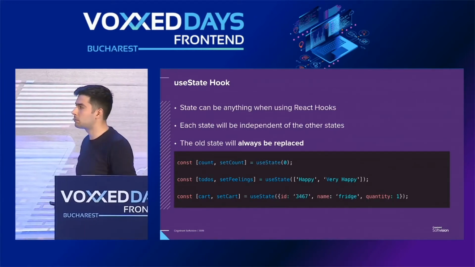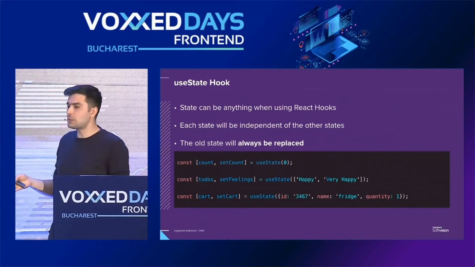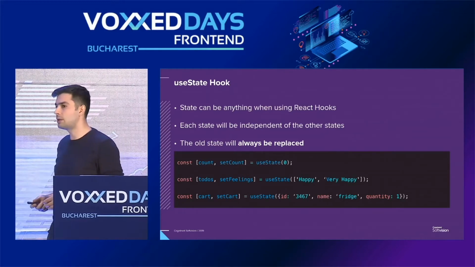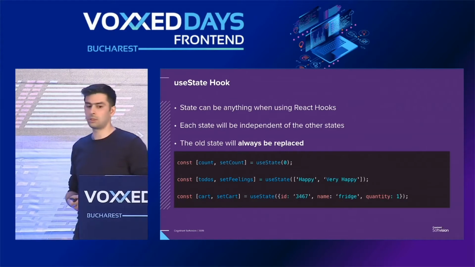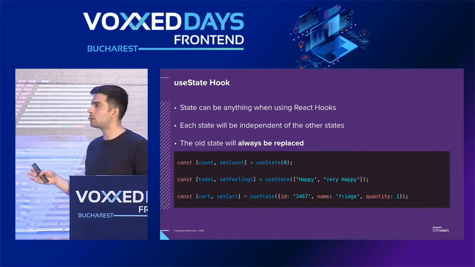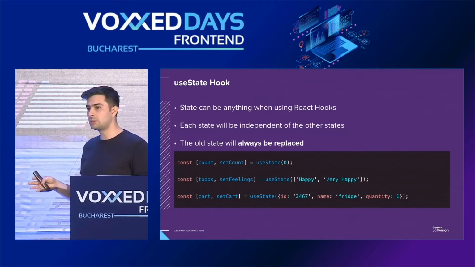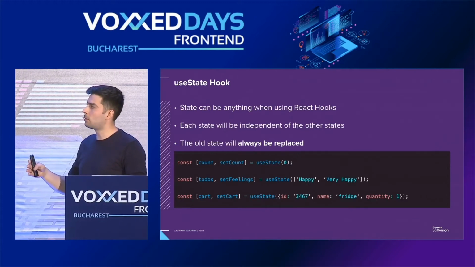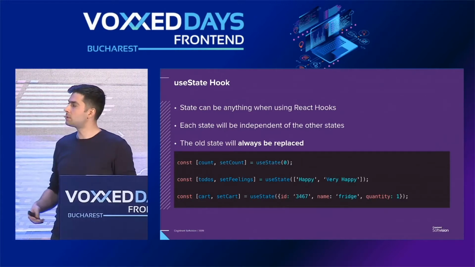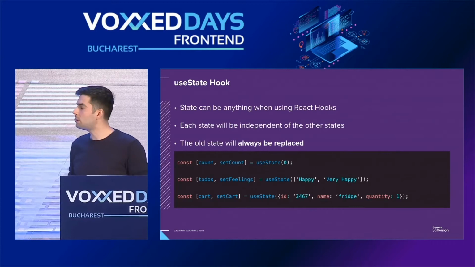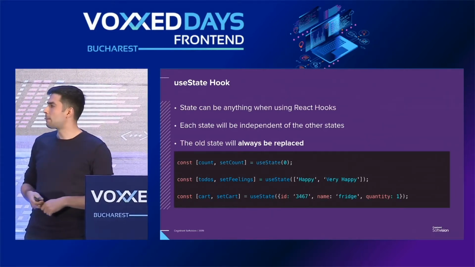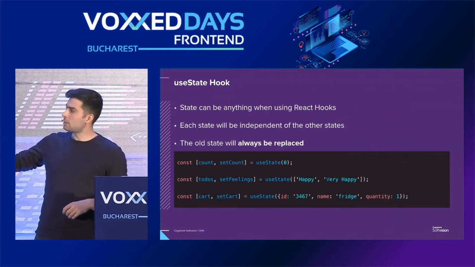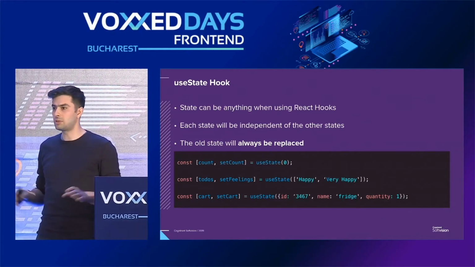State. Using the useState hook, we can use anything to store. This creates a local, independent state. So if I wrote these 3 hooks, they are not going to affect one another. As you can see, I can add anything. The naming of the destructuring can be anything.